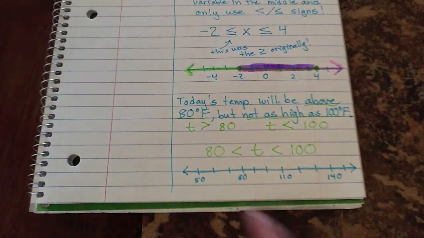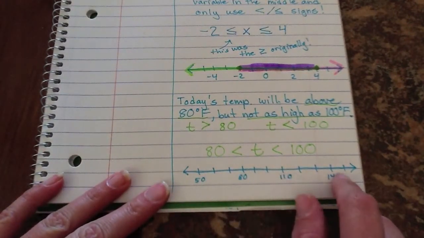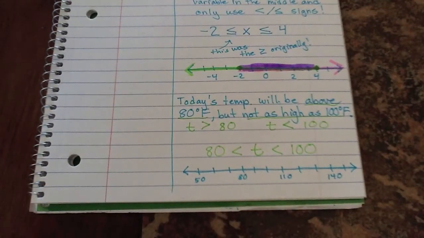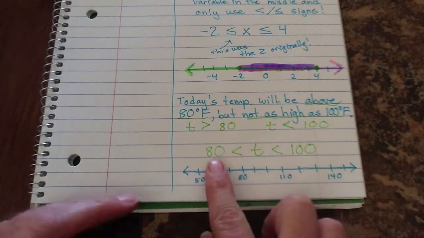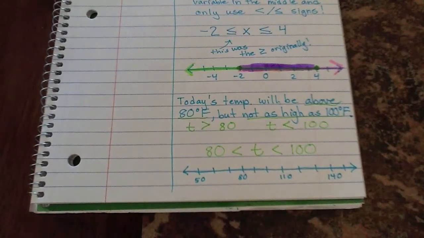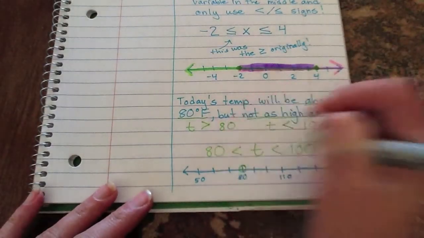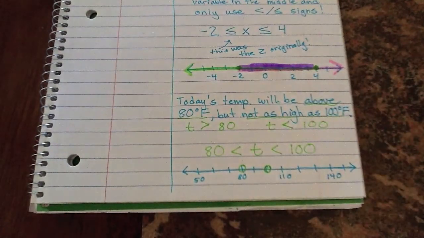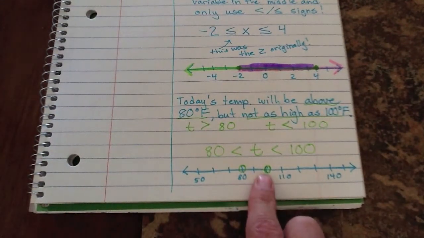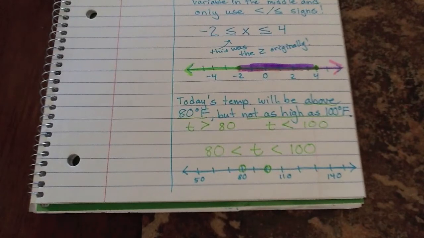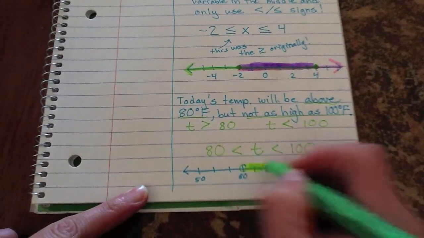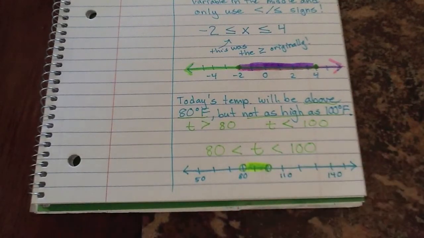You don't have to graph or label every single one, because sometimes when you start to label every single one, it gets so small it's hard to tell what it goes with. So I'm going to have an open dot at 80 and 100. There's my open dot at 80. There's my open dot at 100. Somewhere between 80 and 100, my temperatures are going to be. So I fill in what's in the middle. And those are all possible temperatures.